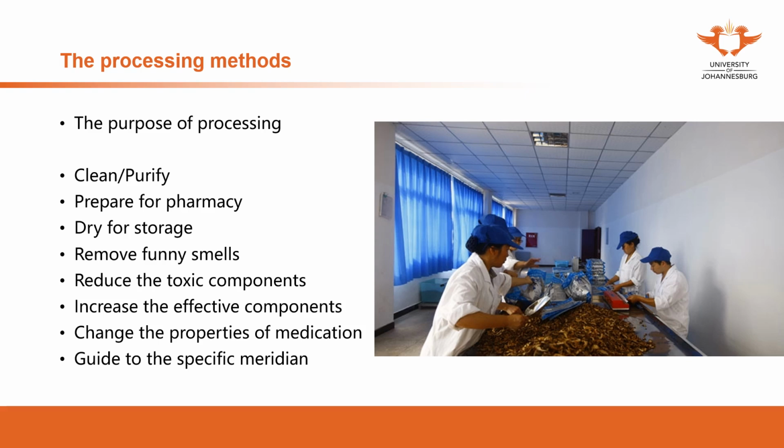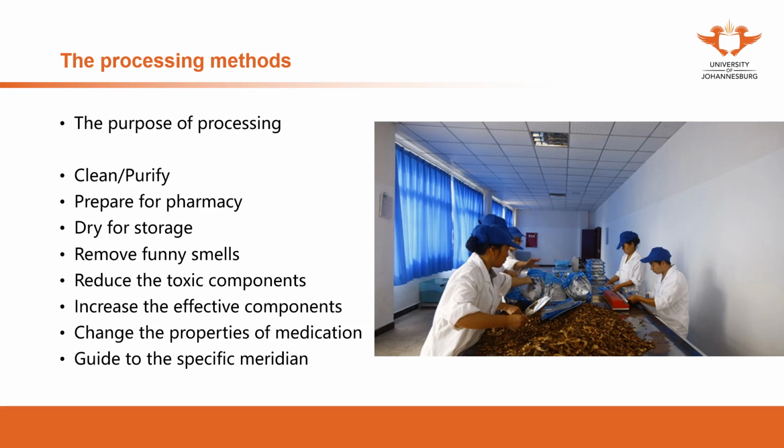Because the herbs are grown in the farm, when you collect them, it is inevitable that they are mixed with some other non-medical plants or non-medical parts. So one is to be mixed with the other plants. You're going to remove the different plants. The second is if, for the herbal medicine, we're only going to use the root, for example.